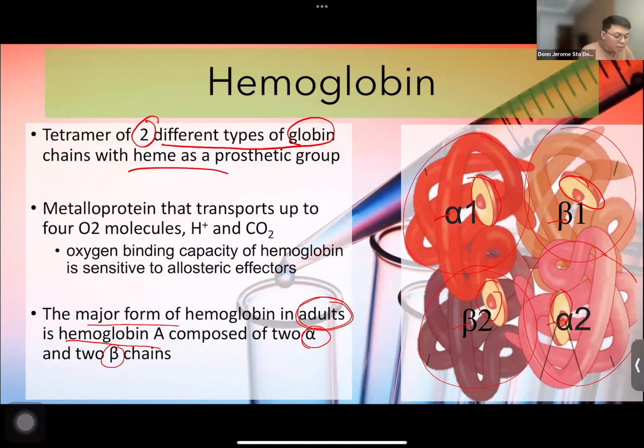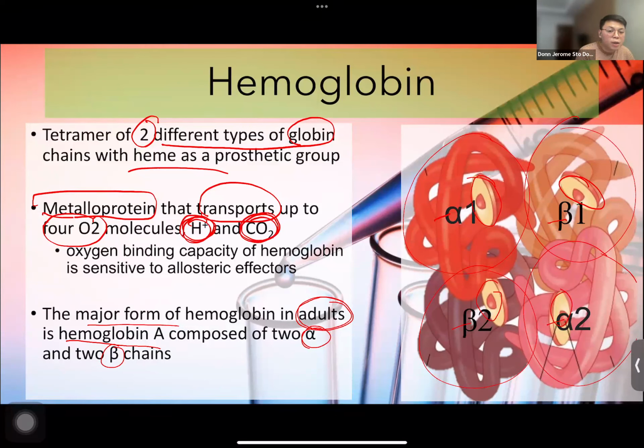So hemoglobin is a metalloprotein that transports up to 4 molecules of oxygen. Now again, sabi natin, ang myoglobin for storage, hemoglobin for transport. And because of its complex structure, mas complex siya, di ba? Quaternary structure siya. It's able to transport other ions and molecules like hydrogen ions and carbon dioxide.